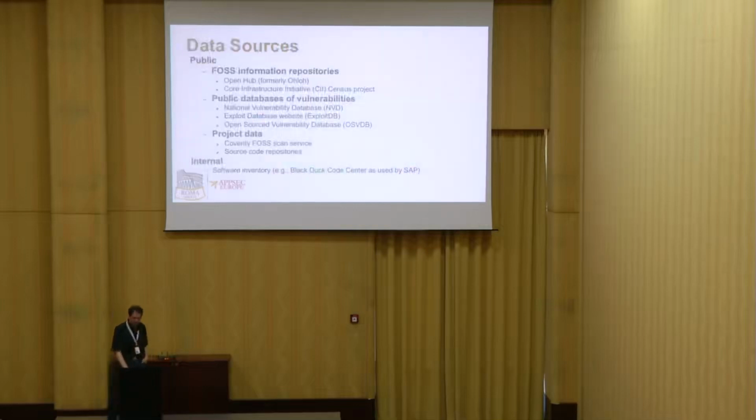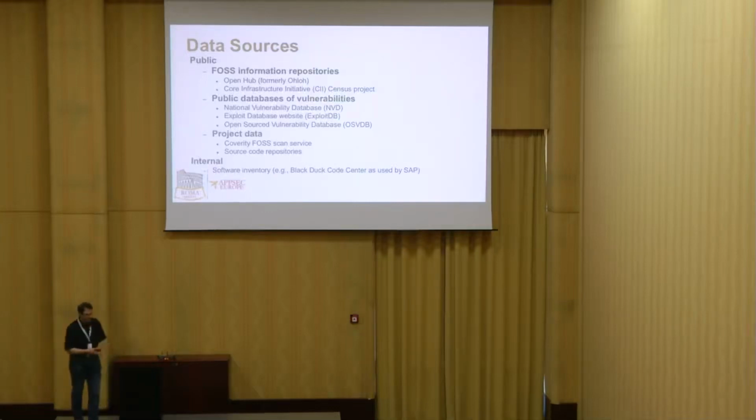And when we are talking about data, we mean things like publicly available data, like OpenHub, which is a web platform where you can access data like the popularity of open source projects and the programming languages being used. It's kind of a standardized project format. It's not always the most correct data, but it's at least available.